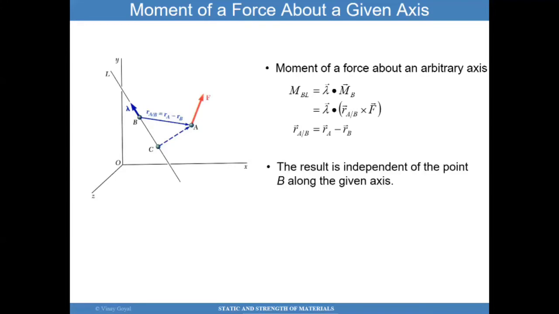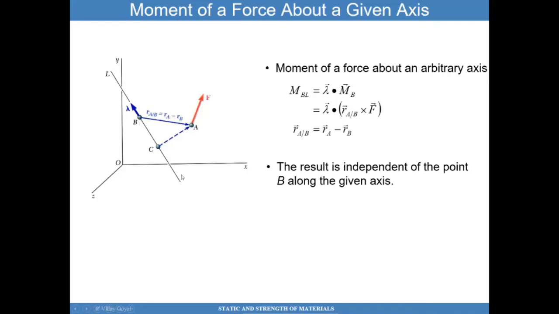It turns out you can calculate the magnitude of the moment of a force by choosing a position vector from any point on that axis to the location where the force is being applied.